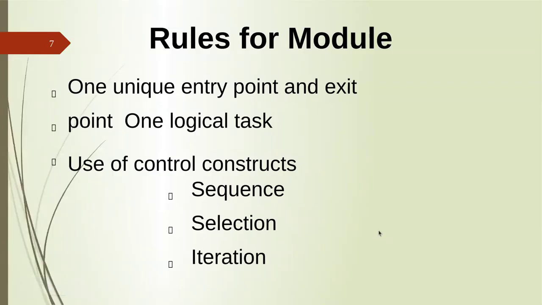Mainly in any programming language, these are the simple methods to do things using a program. Even in object oriented programming we can use them. These are basic things: sequence, selection, iteration. In every program, these are the fundamentals.